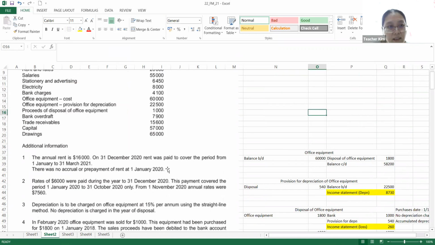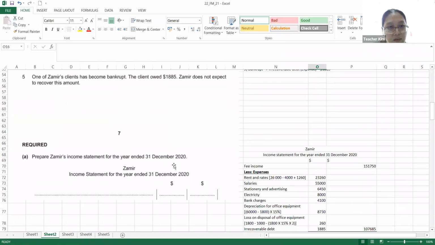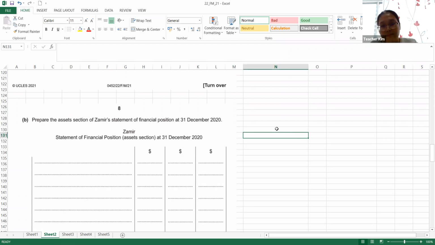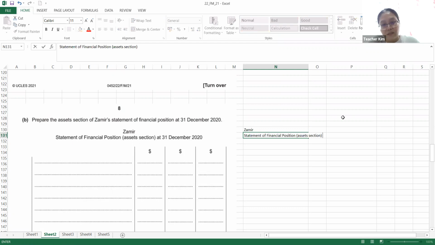Okay, the next account they ask for is statement of financial position, asset section. Asset means non-current asset and current asset. So, Zamir, statement of financial position asset section at 31st December 2020.